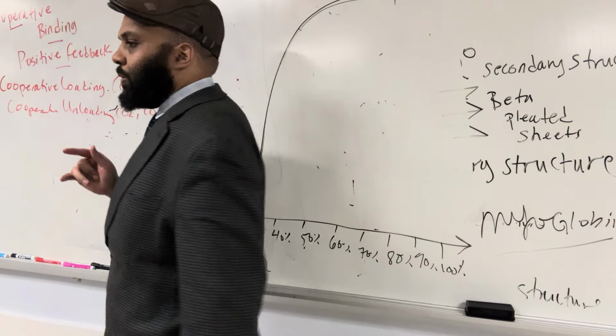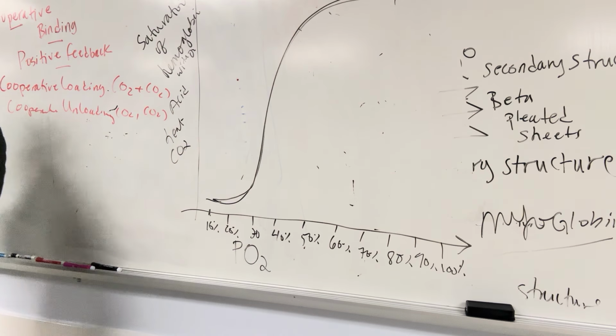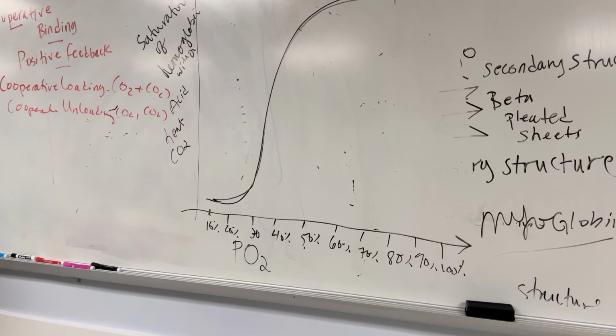Now, I want to ask you a question, just an intuitive question. Don't get too paranoid with copying. Think about it this way. Let's say there is a hemoglobin that is rich in oxygen, and it came by two tissues. One tissue is suffocating. It has only partial pressure of 10% oxygen.